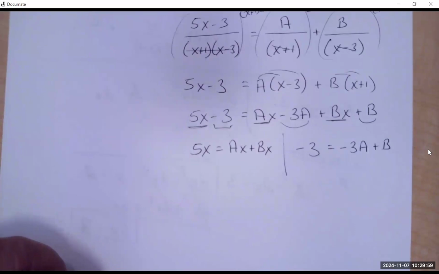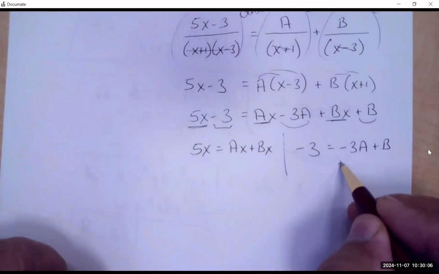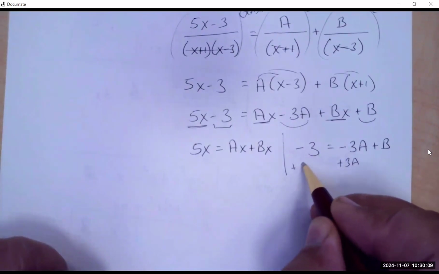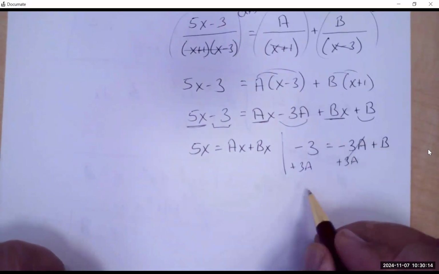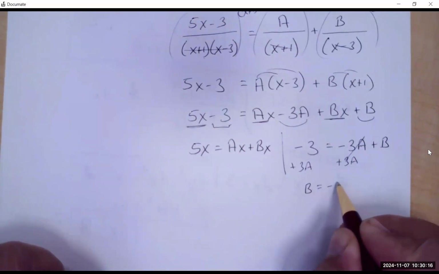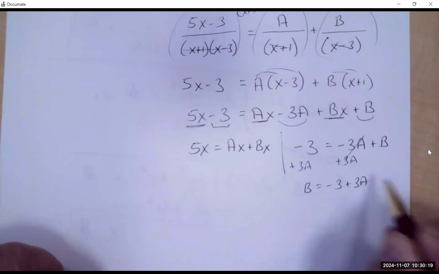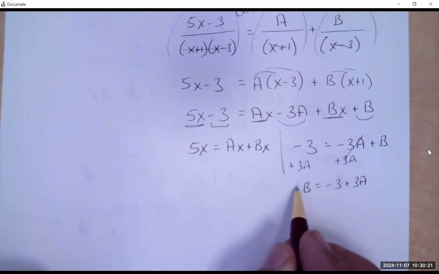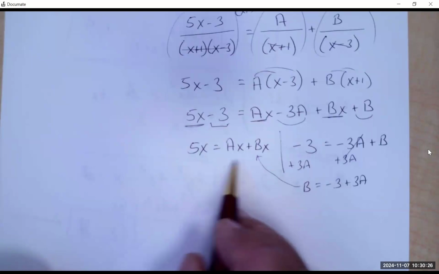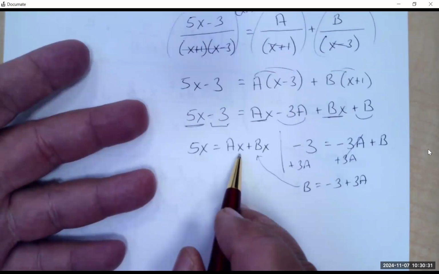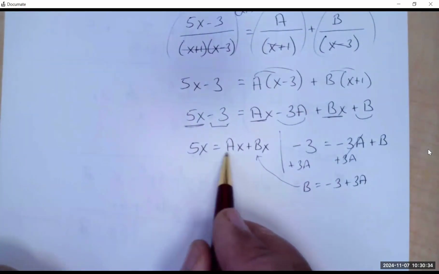So how are we going to do that? Add 3A to both sides. This is already a negative 3A. So we know that B is equal to negative 3 plus 3A. Plug that inside here. Do we need the x's? All of them have x's. Not really. We're solving for A and B, not x, because if I divided everybody by x, they're gone.